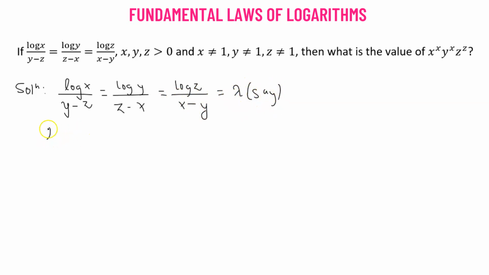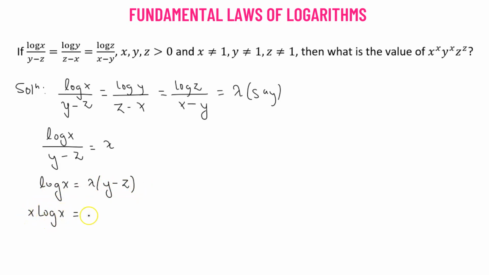Now we'll start with the first expression, log of x divided by y minus z equals lambda. Cross multiplying, we get log of x equals lambda times y minus z. Now we'll multiply both sides with x. That gives us x times log of x equals lambda times x multiplied by y minus z.